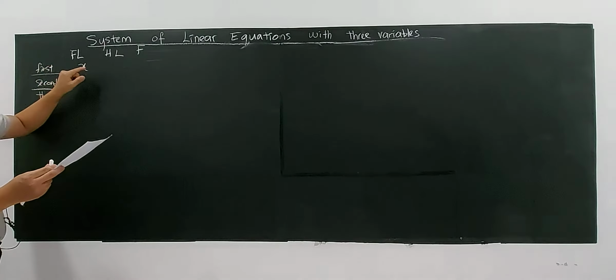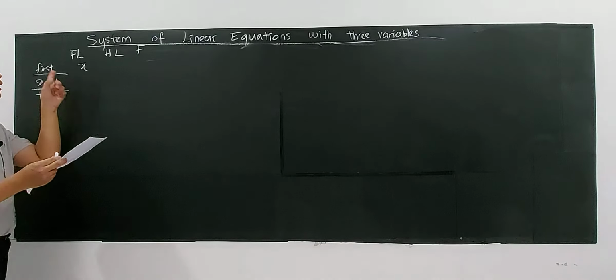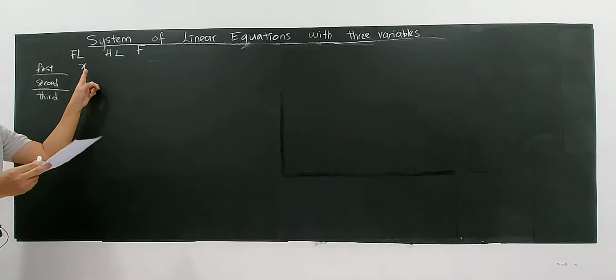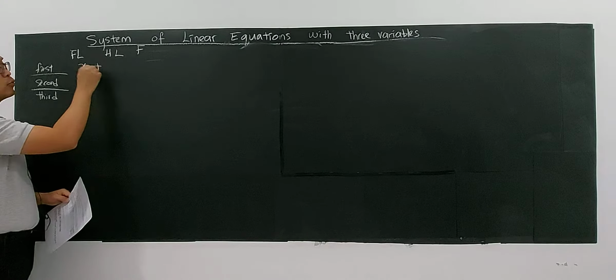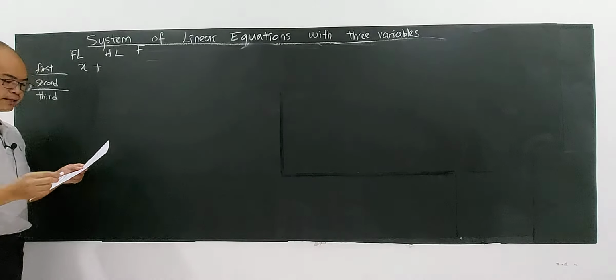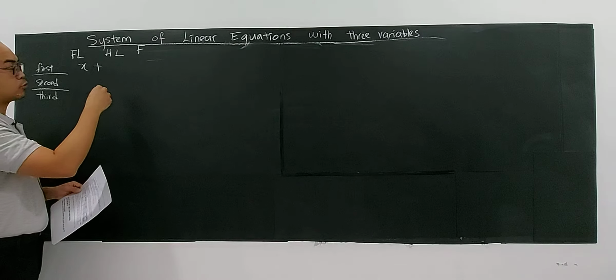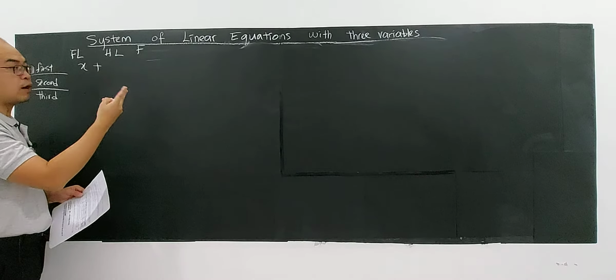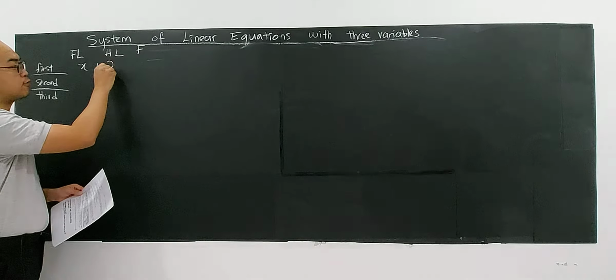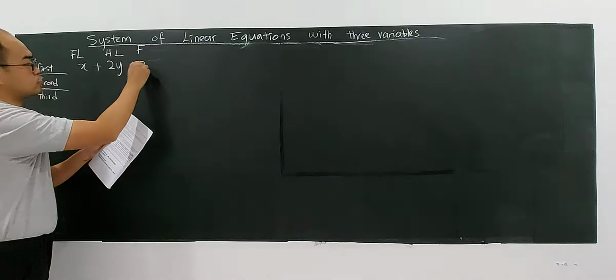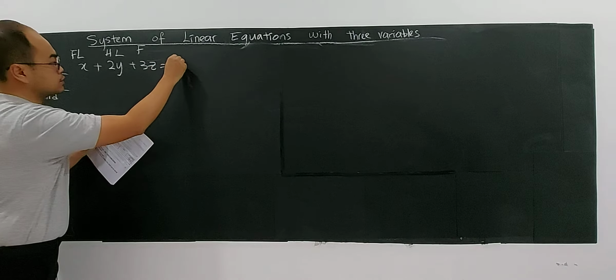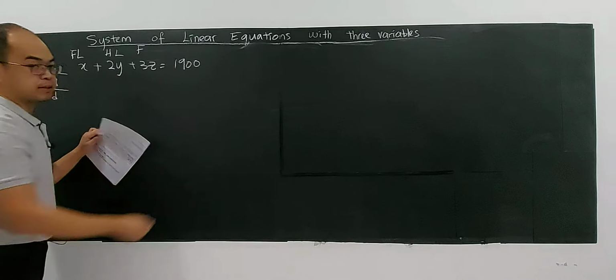Because 1 times X. For the first month, they only sold 1 full leather, so you have X commission. For half leather, they sold 2, so 2 half leather multiplied with the commission for half leather, then plus 3 fabric. Total is 1,900. As simple as that.